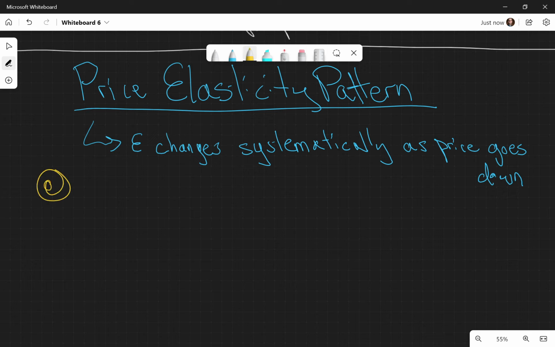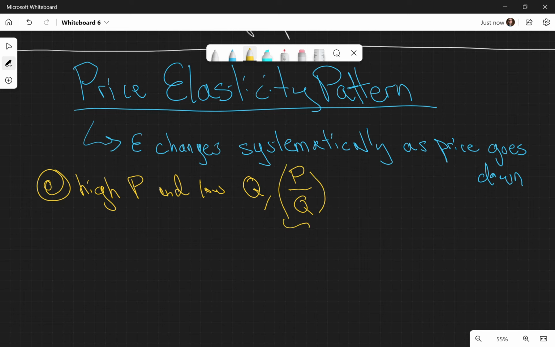So at high prices and low quantity, that ratio, that P over Q term, that particular term is larger. It's just larger in terms of values, right?